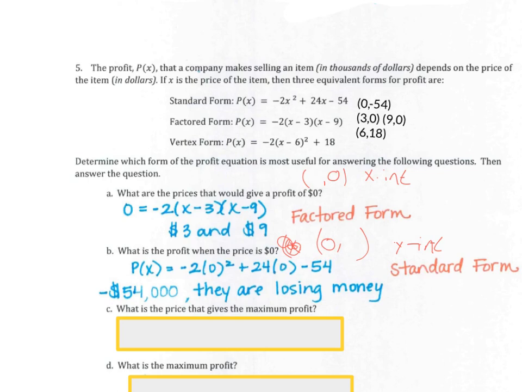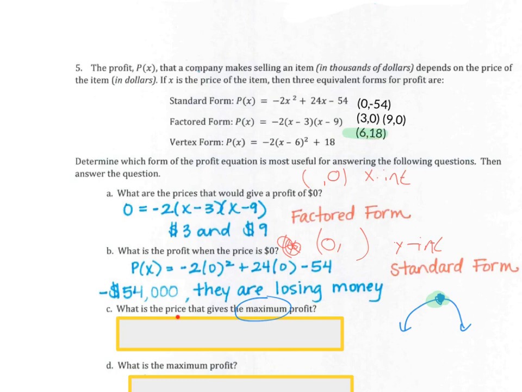All right, what is the price that gives the maximum profit? Maximum. So if I think of this parabola, the maximum point is going to be the very highest value that it reaches. Well, that is just going to be our vertex. Now, our vertex gives me 2 pieces, though, 6 and 18.